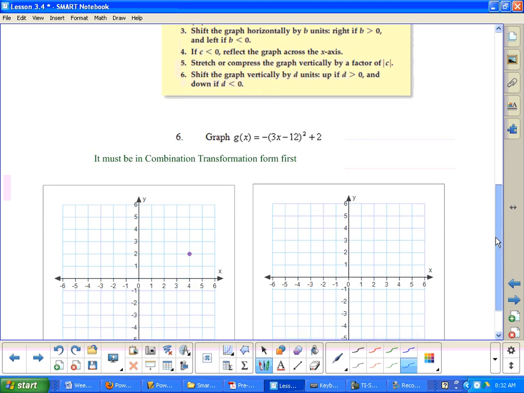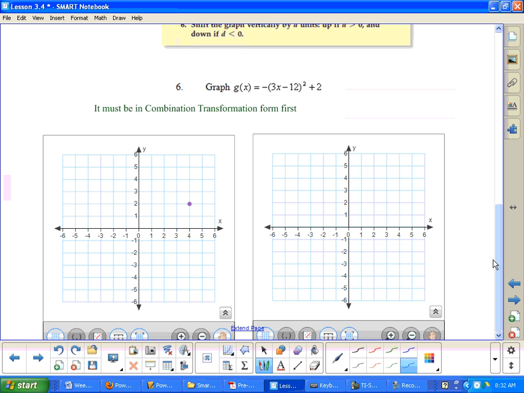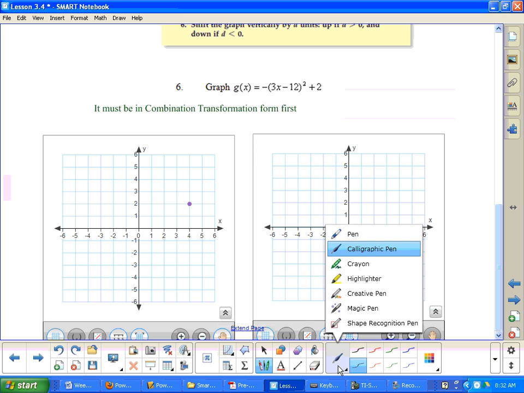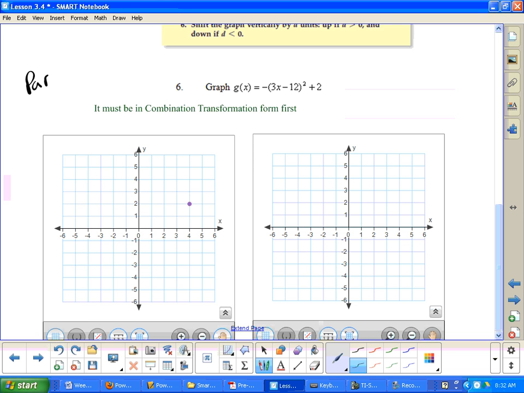Okay, so number 6 is what we call a combination transformation. First of all, here's the very first question: what's the parent function? Because we have this 2 here, the parent function is a quadratic.